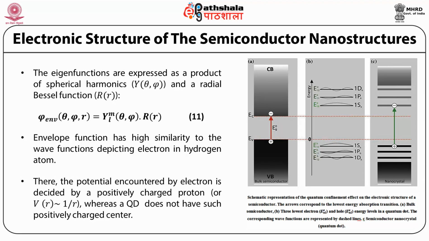There, the potential encountered by the electron is decided by a positively charged proton, or V(r) is approximately 1 by r, whereas a quantum dot does not have such a positively charged center.